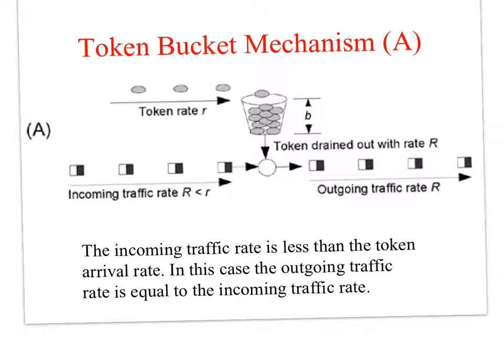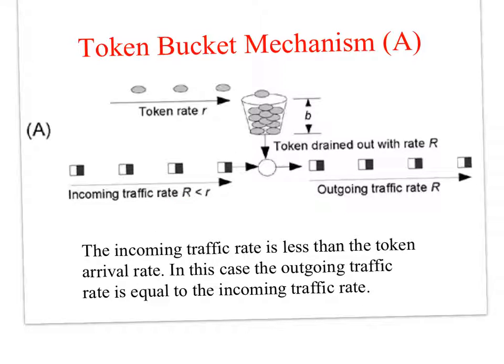This means that you will get credit filling up the bucket for you, because the rate of filling the tokens is more than the rate that the traffic is using to send.